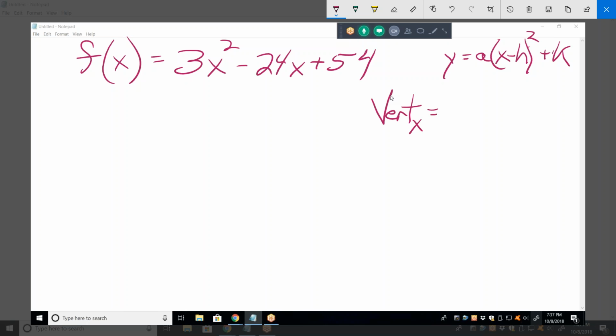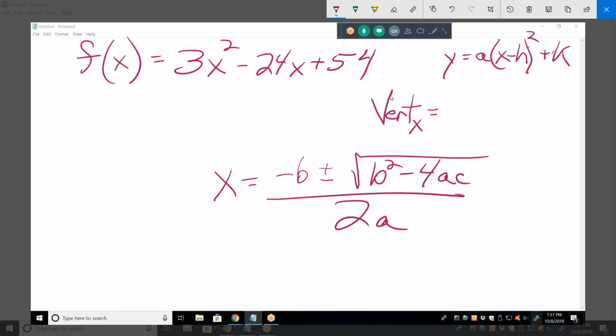Negative b over 2a. Let me help you memorize that. What is this? That's the quadratic formula. Okay, what is that right there? That's the vertex formula. If you know one, you probably know them both.